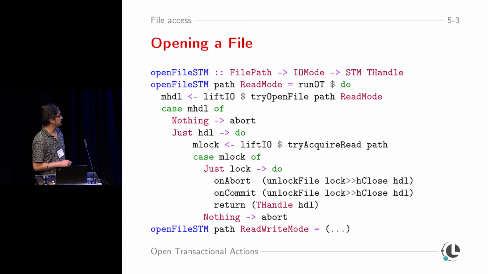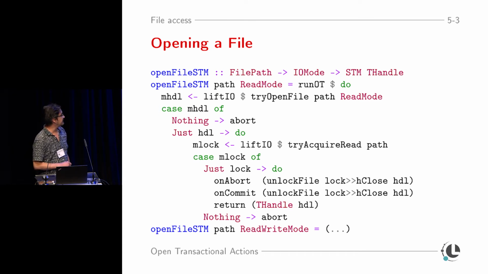The first thing we do is to try to open the file. If we try to open a file in read mode and the write lock for that file is already acquired, it raises an exception. So we use this tryOpenFile to try to open the file a number of times before giving up.